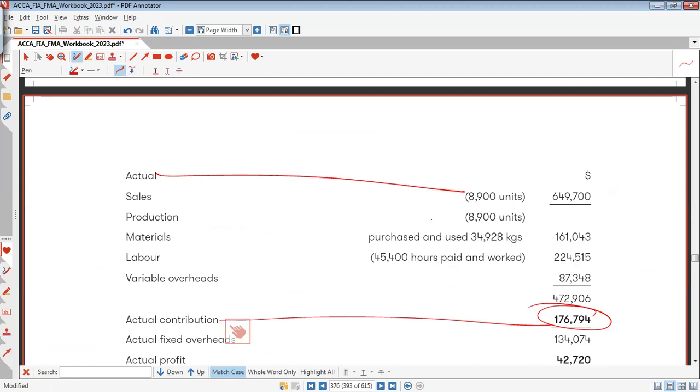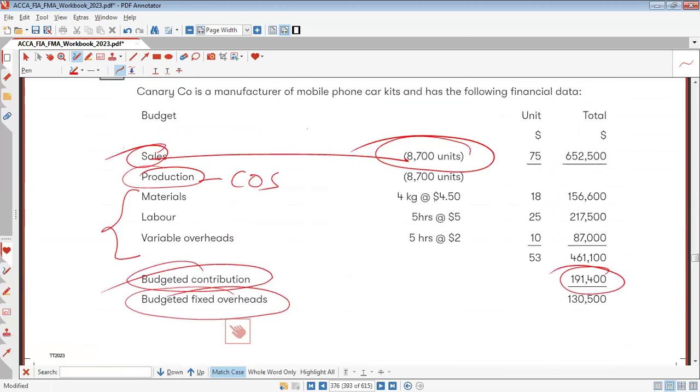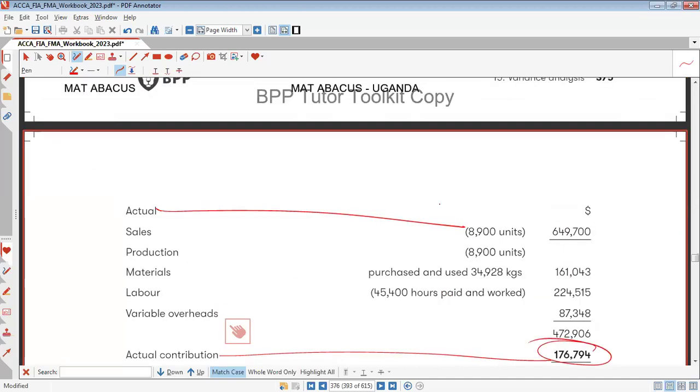So the sales team is saying it's not our responsibility that the contribution has dipped. Why? At a glance, they have done well, haven't they? The budget was 8.7. They sold 8.9.